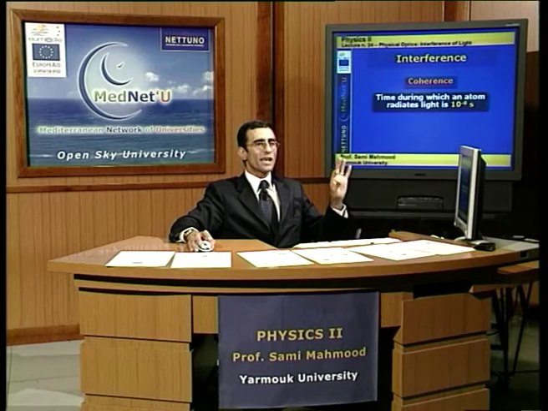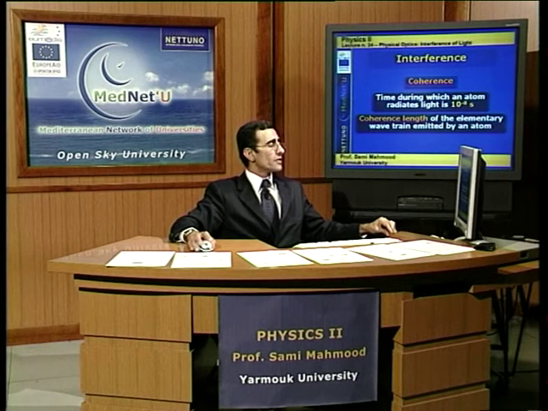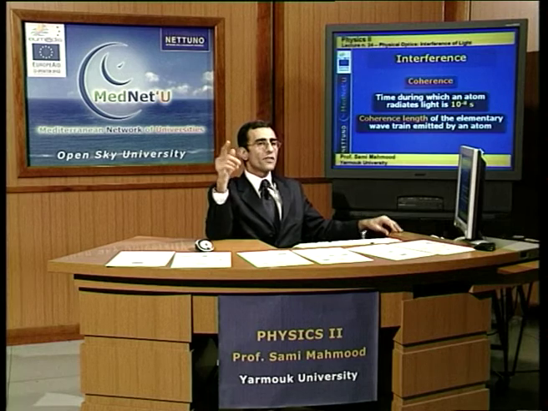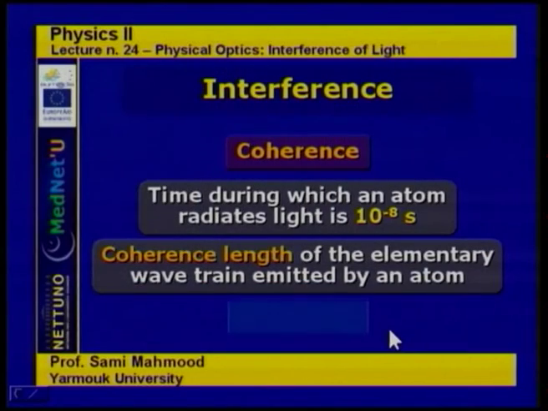That's the time scale for the radiation. And thus, the coherence length of the elementary train is simply the time it takes for the radiation of the wave train by the atom times the speed of light, so 10 to the minus 8 second times the speed of light, which is 3 times 10 to the 8 meters per second, and that gives 3 meters.